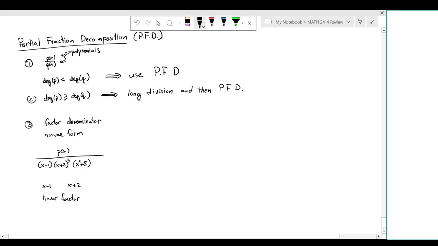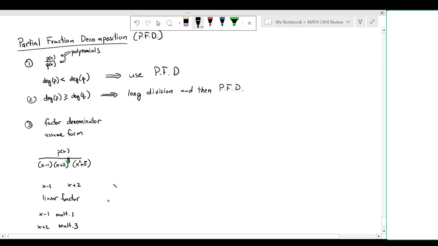This is a linear factor of multiplicity 1, because the power for that factor is 1. And x plus 2 is a linear factor that has multiplicity 3, because of this cubed for that factor.